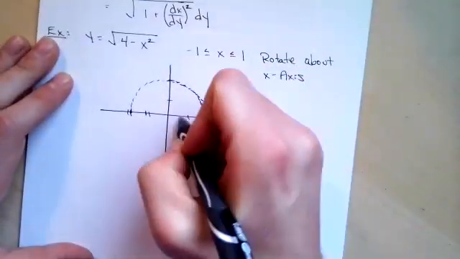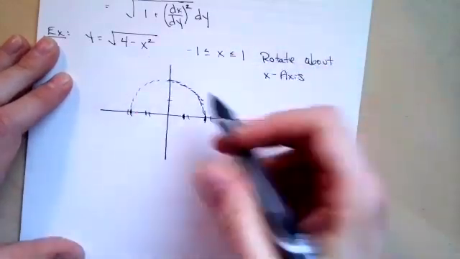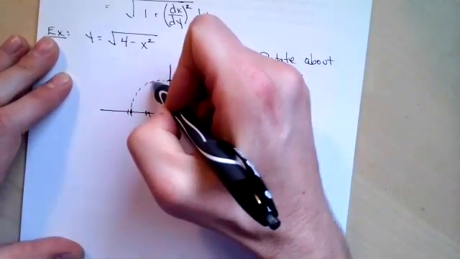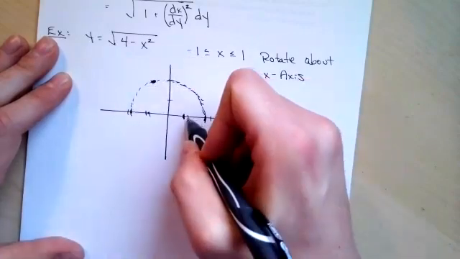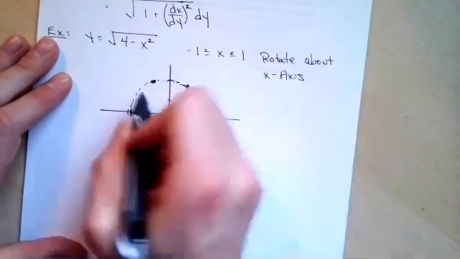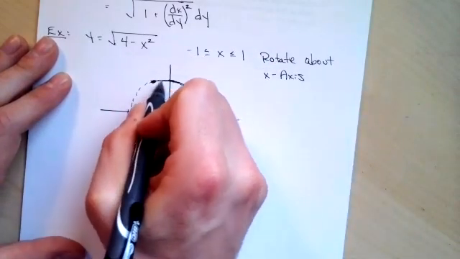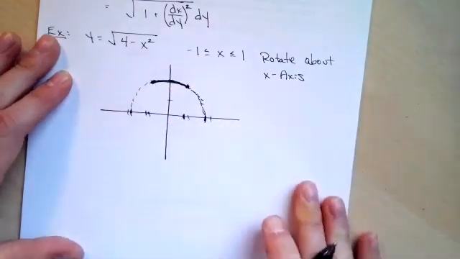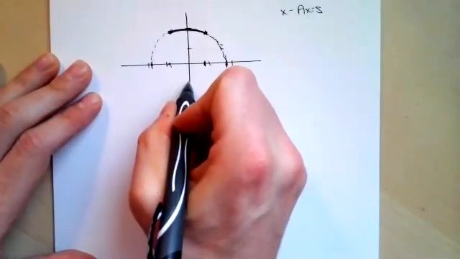All my tick marks are a little off today. But we are cutting it only from -1 to 1. So it's like we're taking this top part of the circle here, and then we are rotating that around the x-axis.